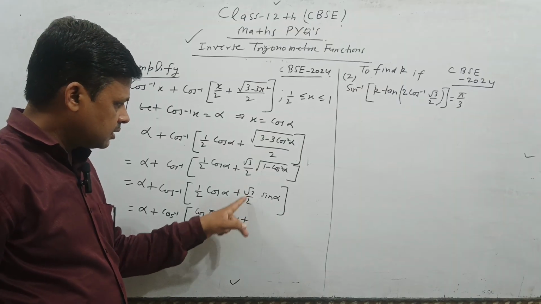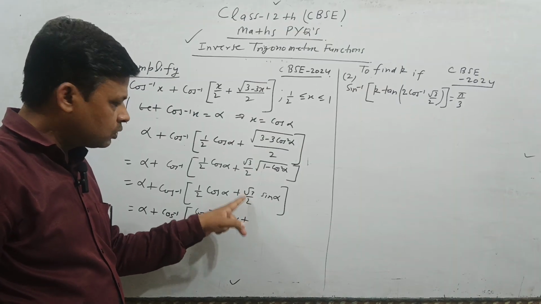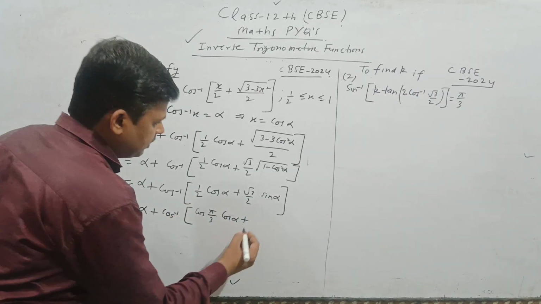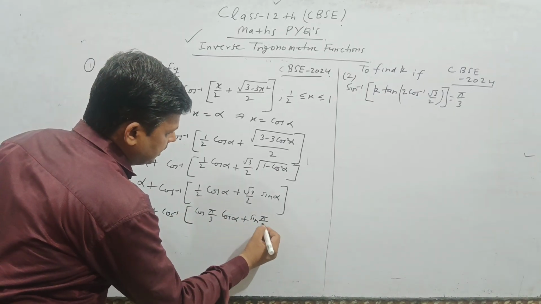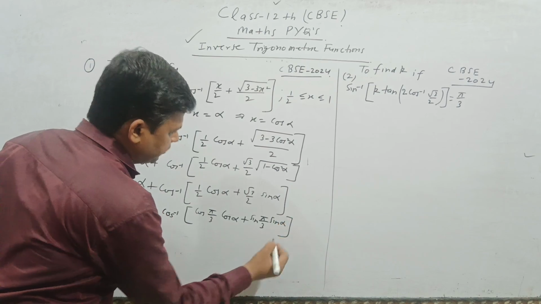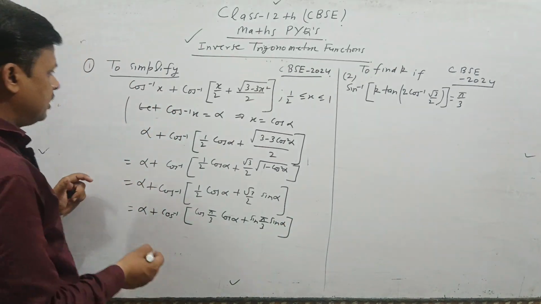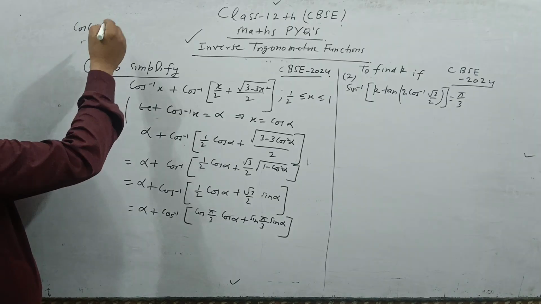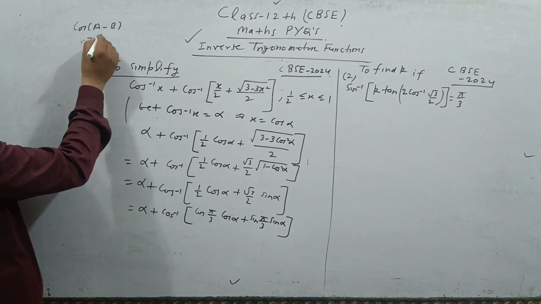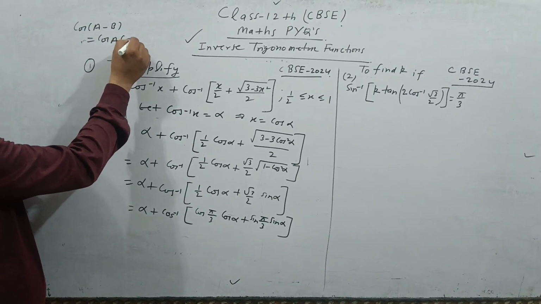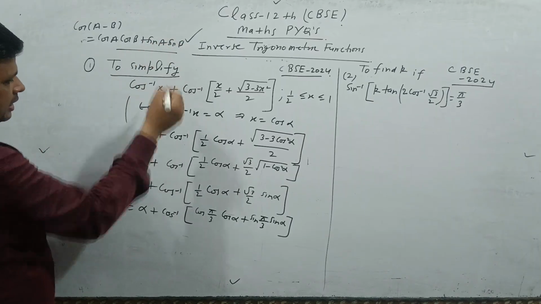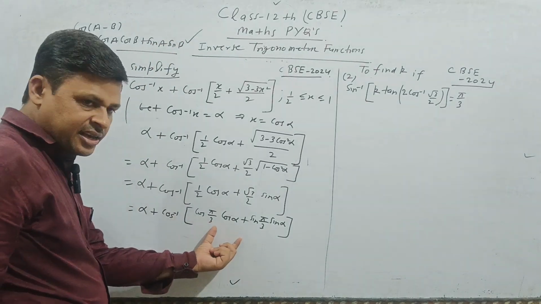And what is root 3 by 2 in terms of sine? It will be sine pi by 3, sine alpha. Now you know the formula that cos (A minus B) is equal to cos A cos B plus sin A sin B. So this formula is created here.